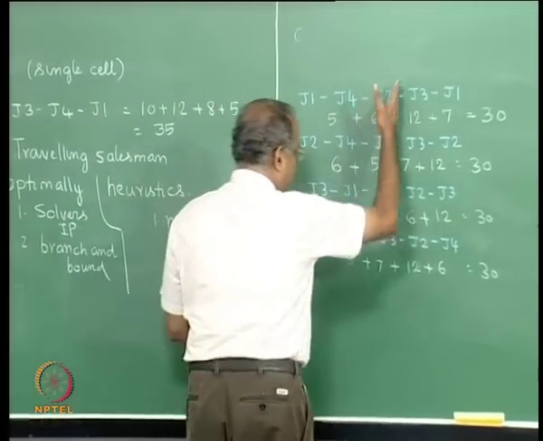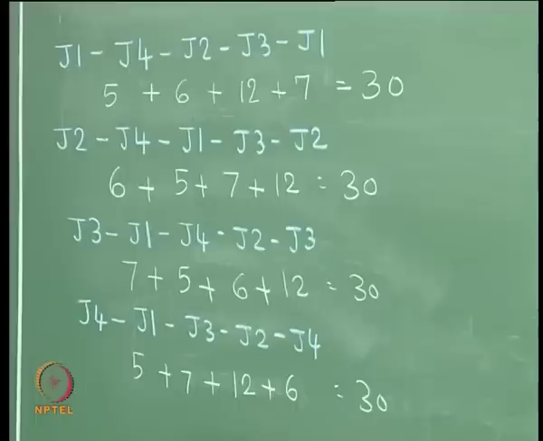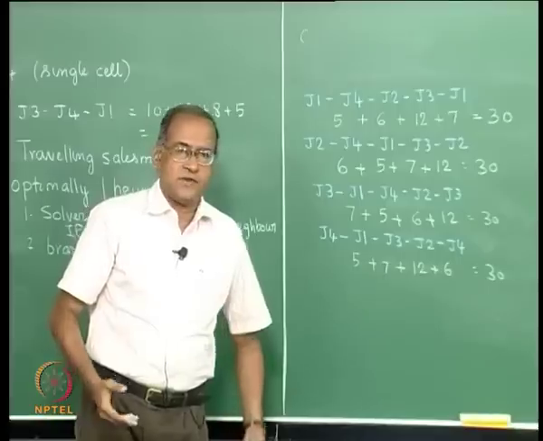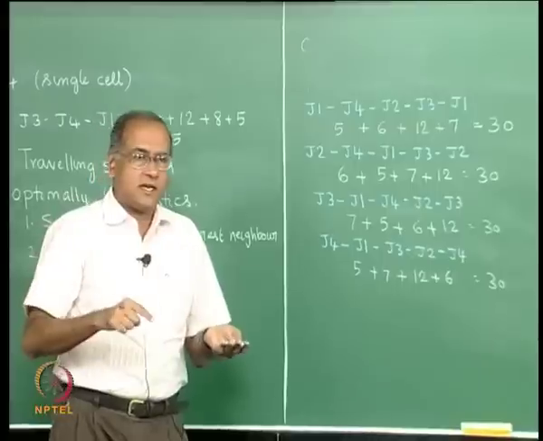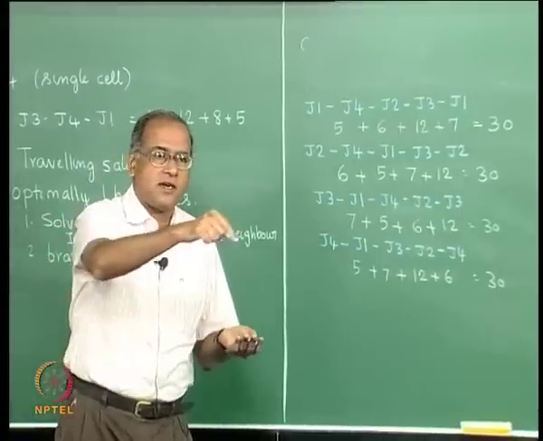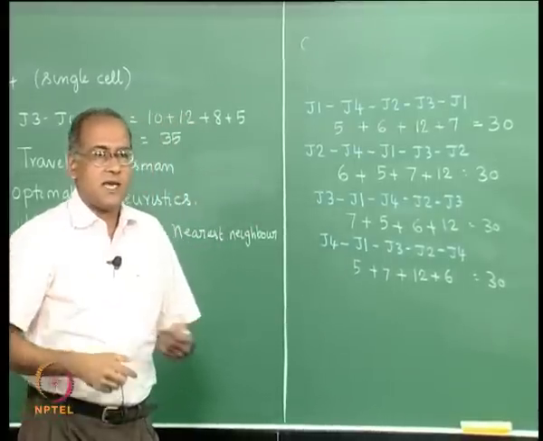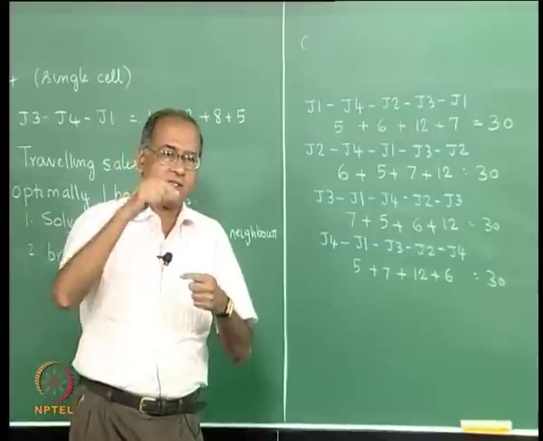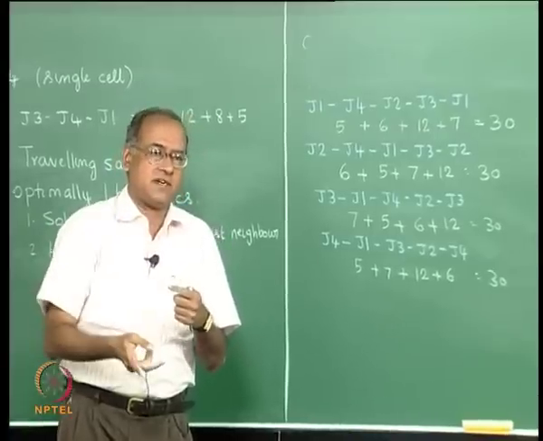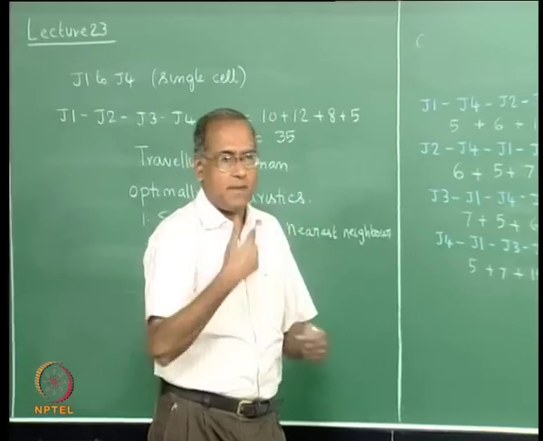Nevertheless, this is a good method that people use for the simple reason that it gives good solutions, and it is perhaps the most intuitive method one can think of. So, we start at some point, go to the nearest point, and keep visiting the closest city or place that we have not visited, and then come back.